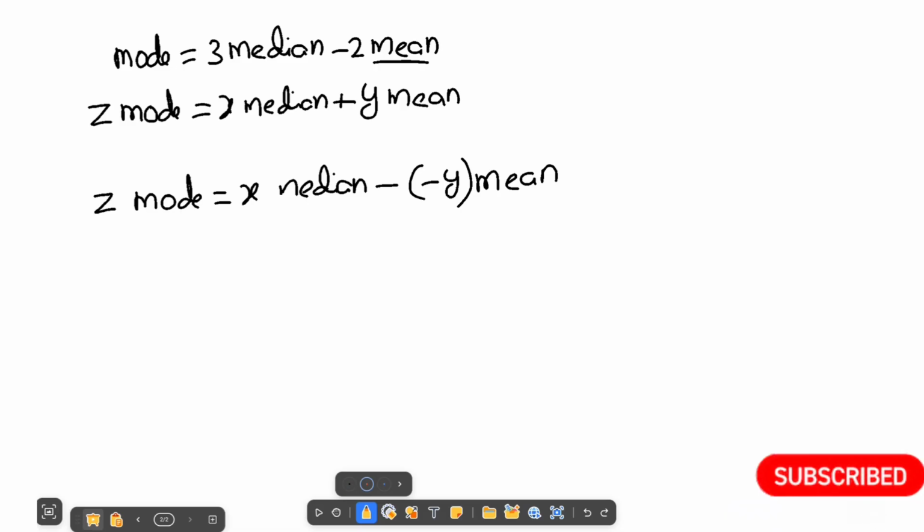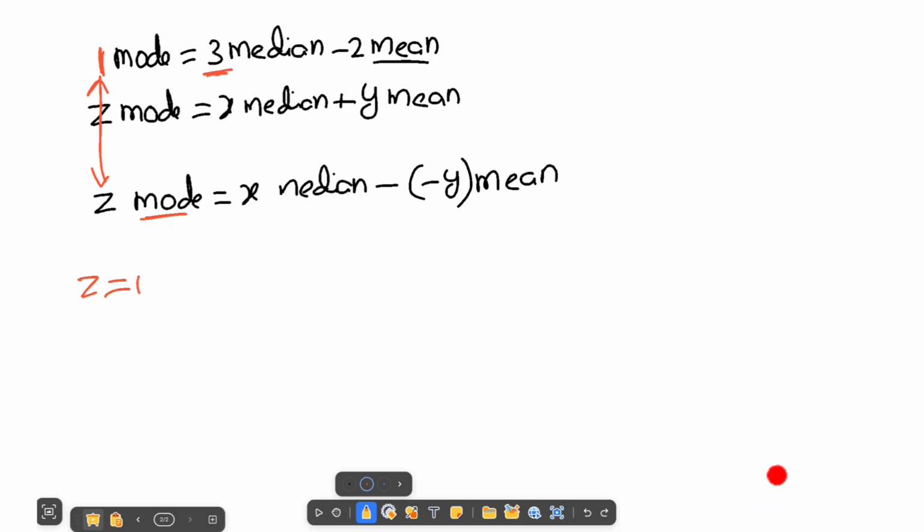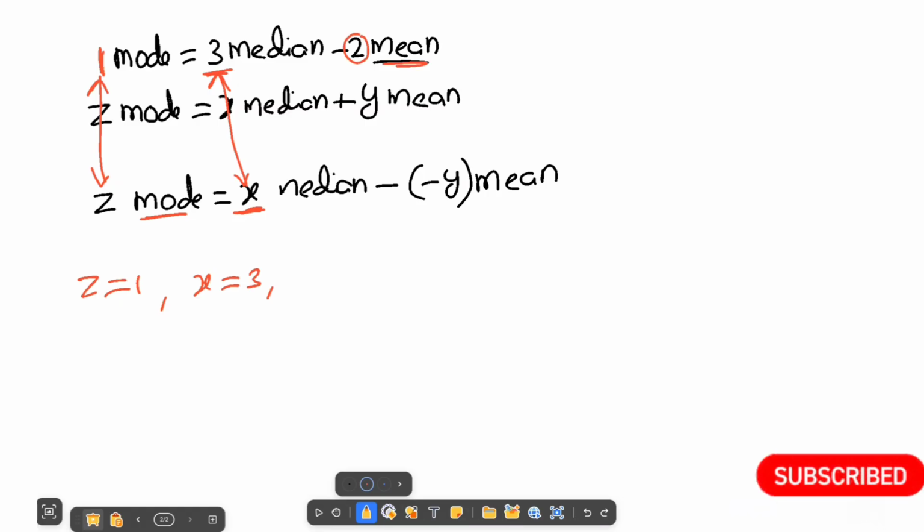Now let's compare. Here the coefficient of mode is 1, and here the coefficient of mode is z. So z equals 1. Here the coefficient of median is 3, and here it is x. So x equals 3. Here the coefficient of mean is minus 2, and here it is minus y. The minus is common, and the coefficient of mean is 2 here and y there.